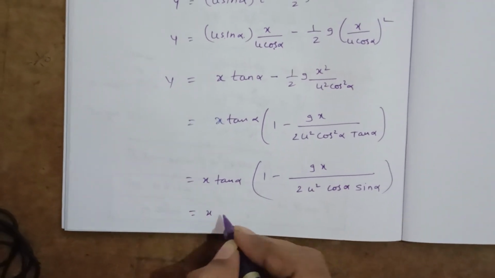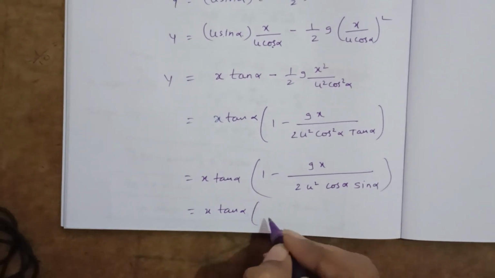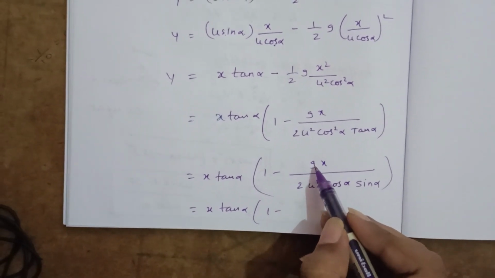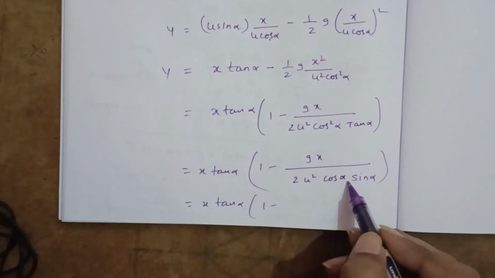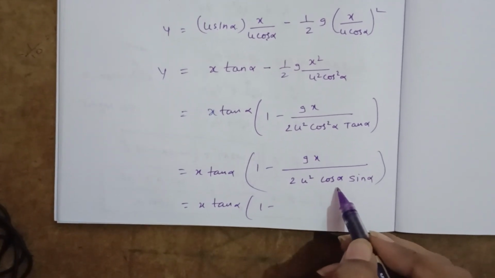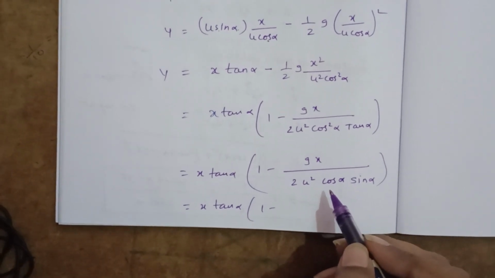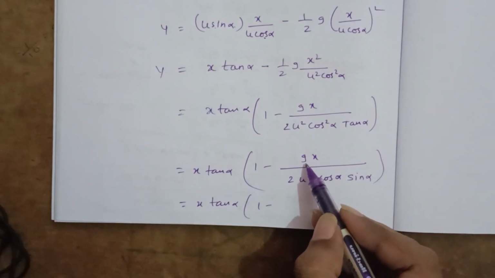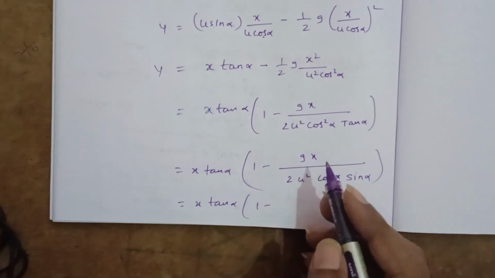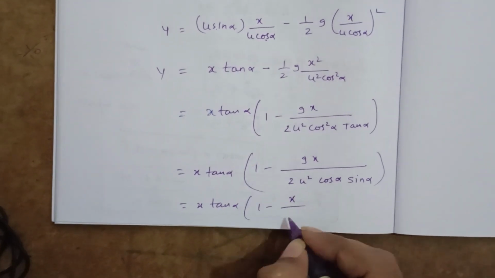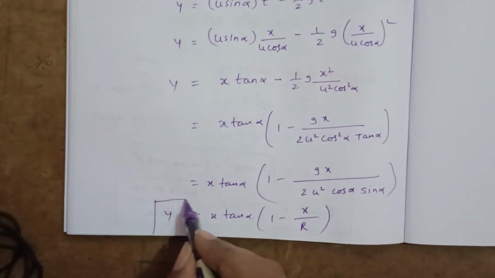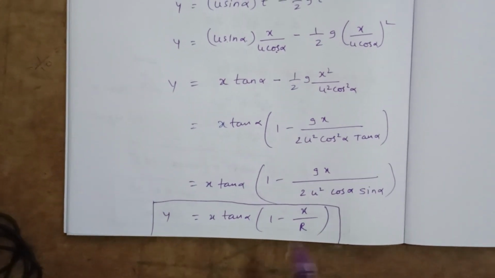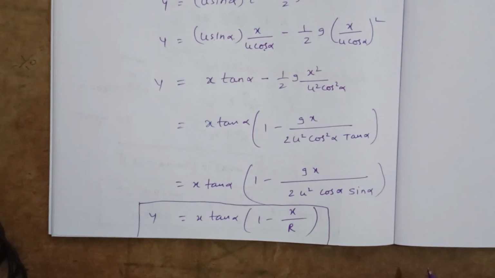Now 2 sin alpha cos alpha becomes sin 2 alpha, and u square sin 2 alpha divided by g is the formula for range. So y equals x tan alpha into (1 minus x by R) is the formula.